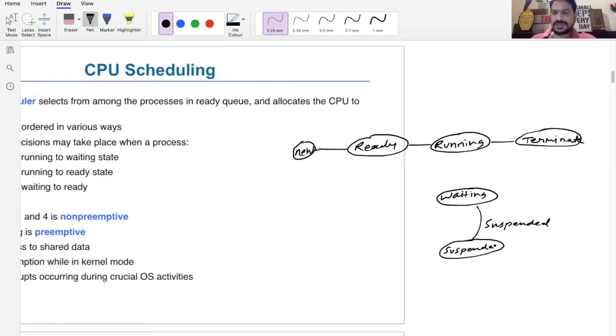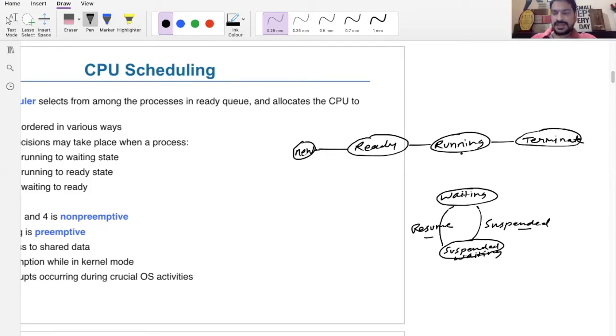So it is called suspended waiting. And when this suspended waiting will be resumed again, that decision, how we can resume it, will be taken by the medium-term scheduler.